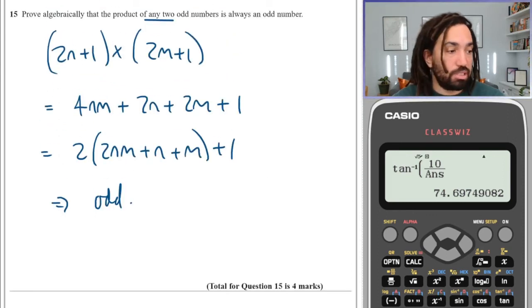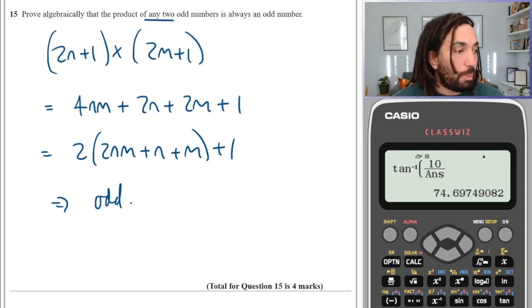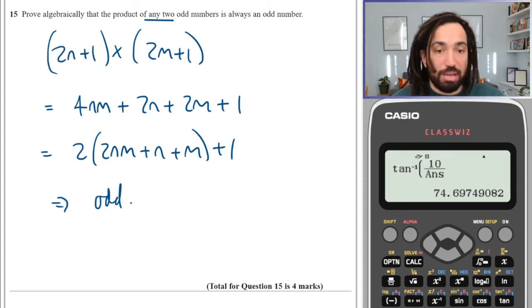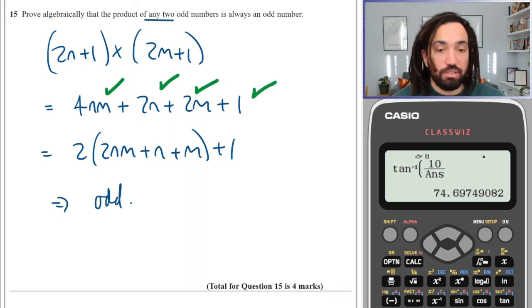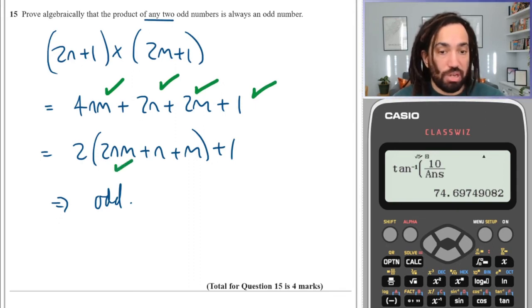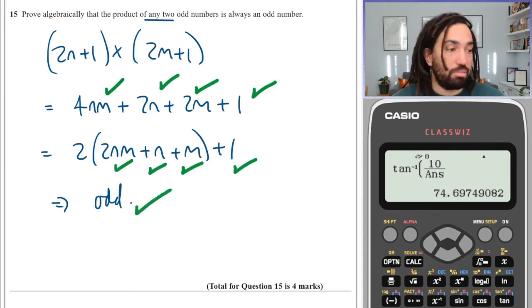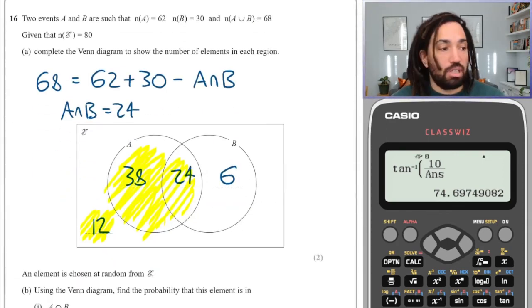This one, proof question. Yeah, so 2mn plus 2m plus 2n plus 1. Factorise it to become 2mn plus n plus m plus 1, therefore odd. Yeah, perfect, proved.